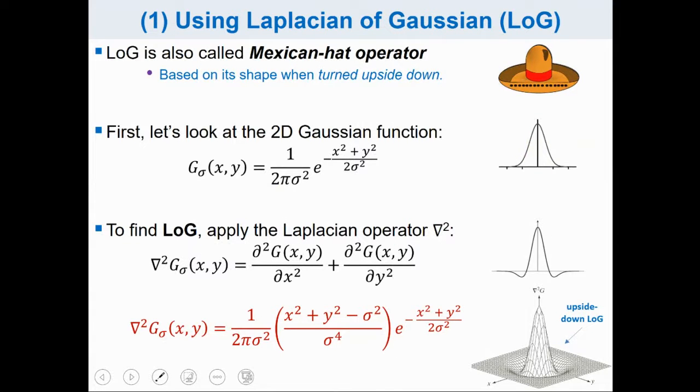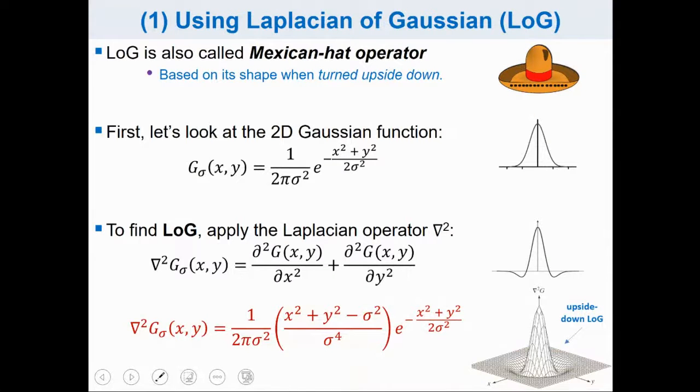The Laplacian of Gaussian is basically a Gaussian filter to which we apply the Laplacian operator, which is the second derivative of the Gaussian filter. So the Laplacian of Gaussian is this function over here, for any point at x and y.